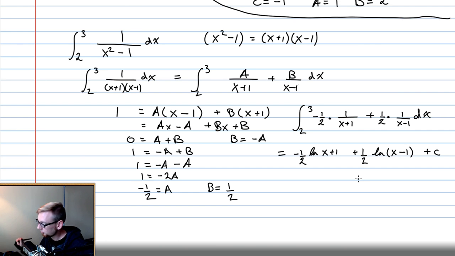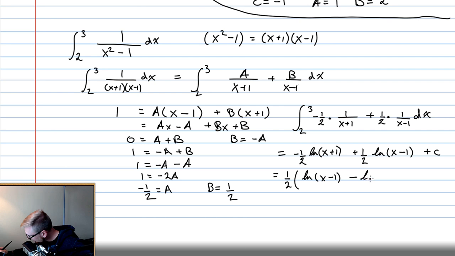Now, let's simplify this a bit. Let's take out a 1/2. We've got 1/2 out. And I'm going to change the order so it just looks prettier. The natural log of x minus 1 minus the natural log of x plus 1 and plus some constant.